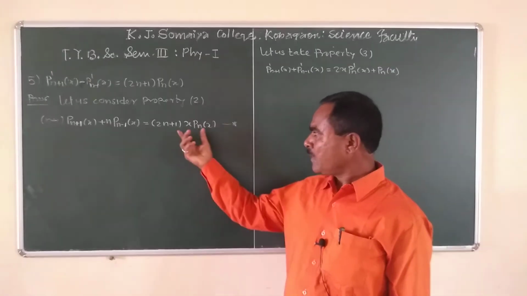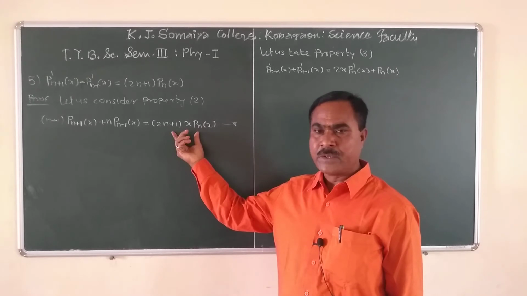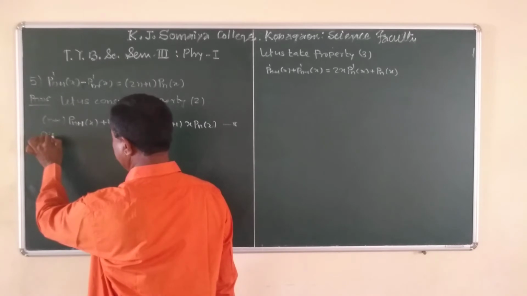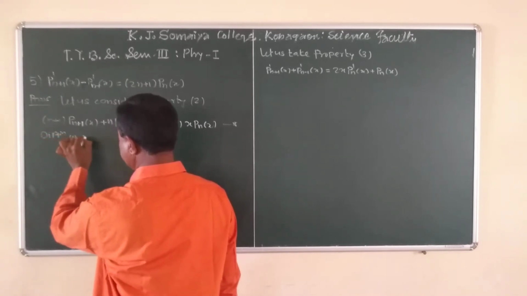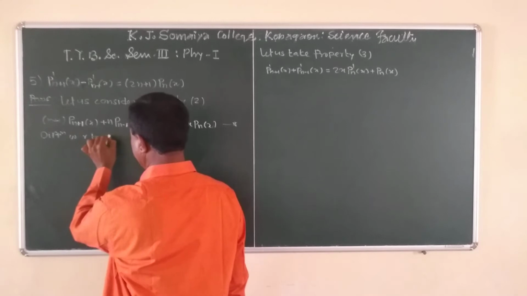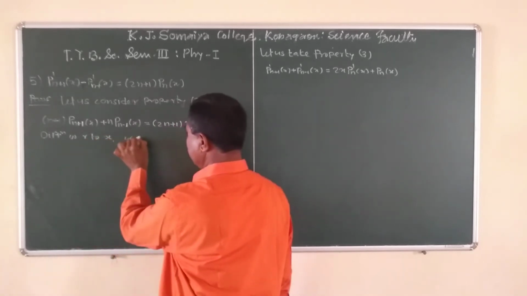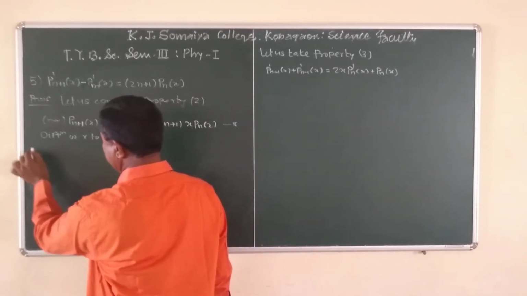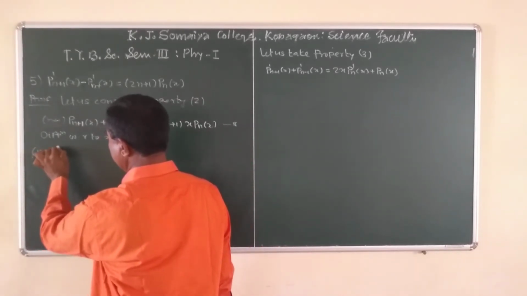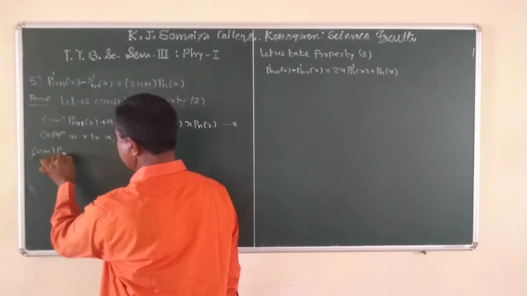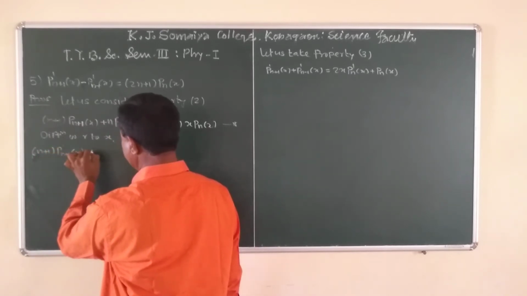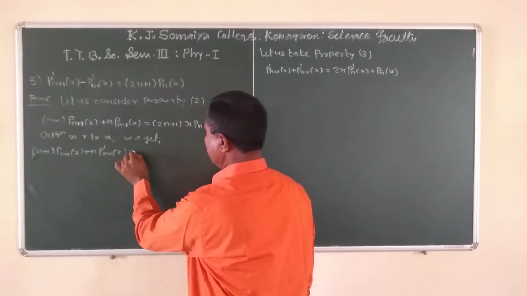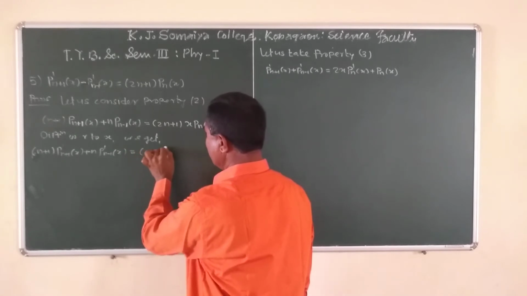Further, we differentiate this second property with respect to x. So we get (n+1) P'_{n+1}(x) + n P'_{n−1}(x) = (2n+1).